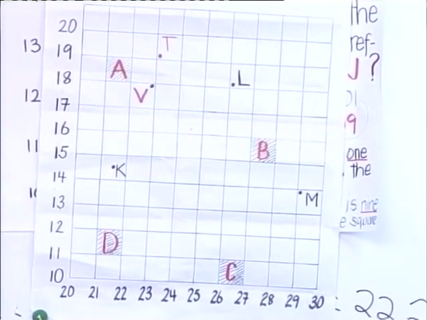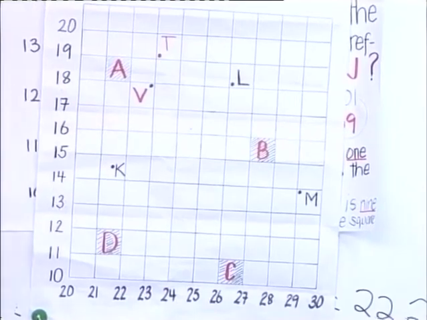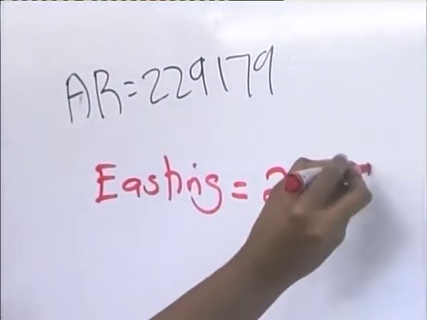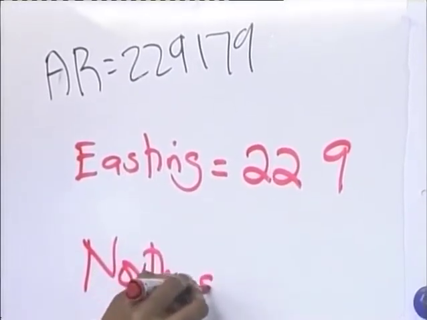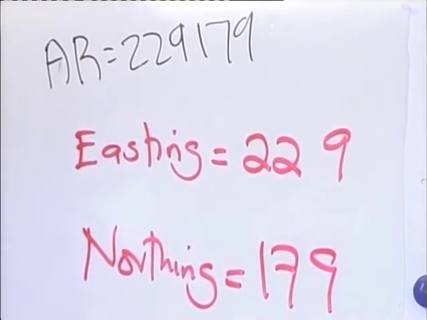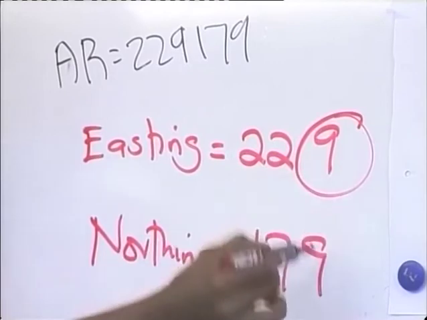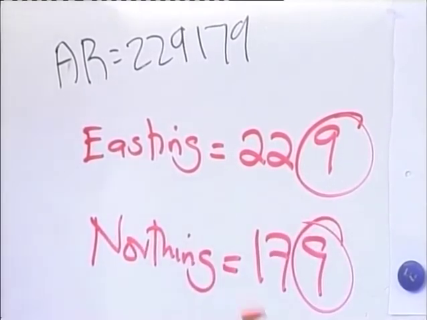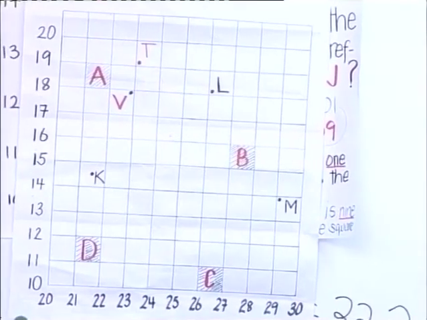So let me put it: easting equals 22 9, noting equals 17 9. So remember, we're estimating this, all right? Remember, we're estimating these tenths here, how many tenths it is.